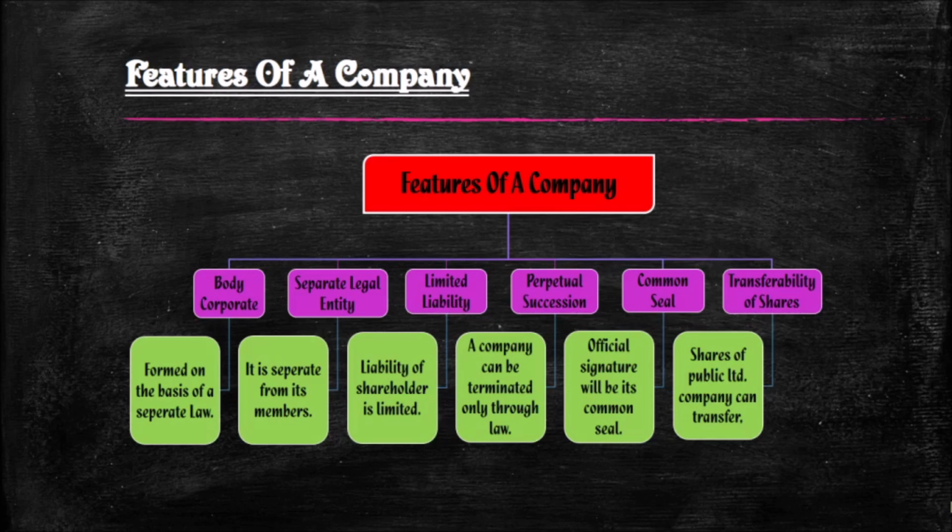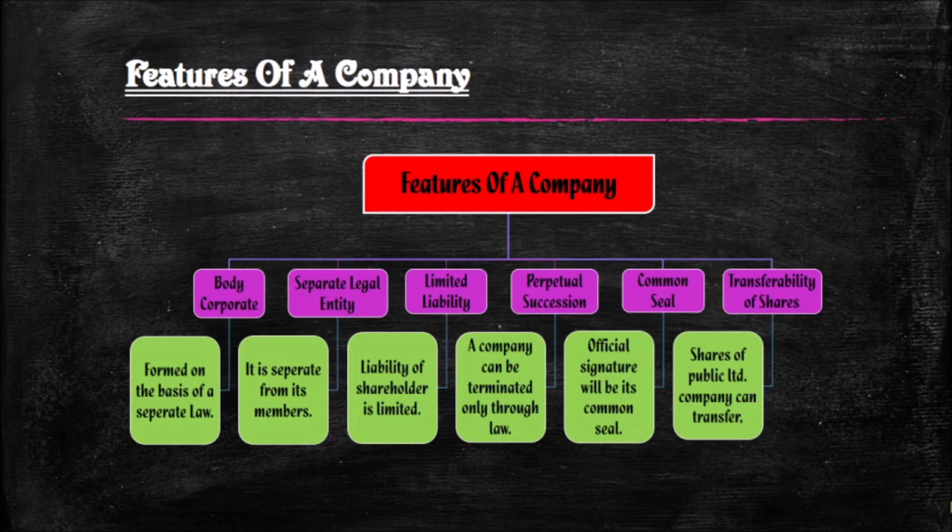Perpetual succession is another feature. Every company is registered for continuing the business for a long period. A company can be terminated only through the provisions of law. It has a common seal, the official signature that will be signed on the important documents of the organization.